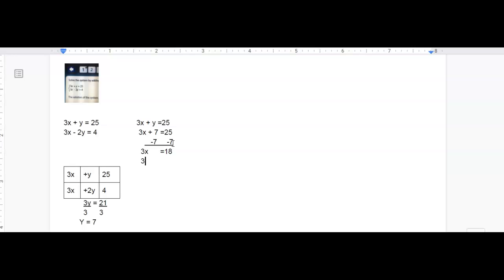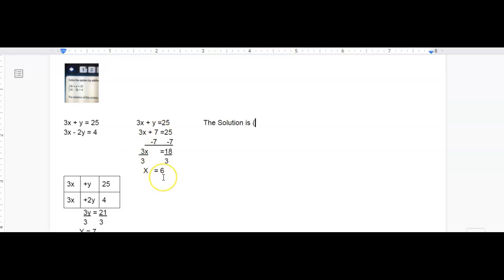The inverse of multiplying by 3 is dividing by 3, so I divide both sides by 3. 3 divided by 3 is 1, 1 times x is x, and 18 divided by 3 is 6. So the solution is x is 6 and y is 7.